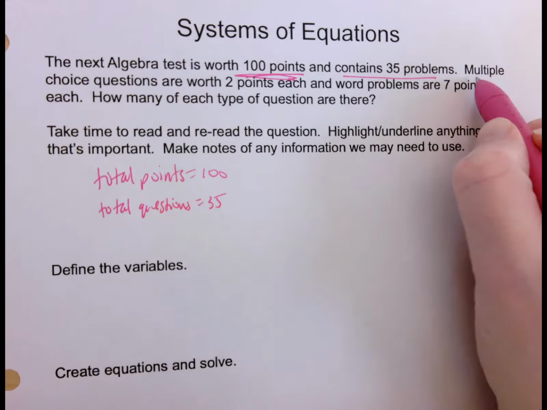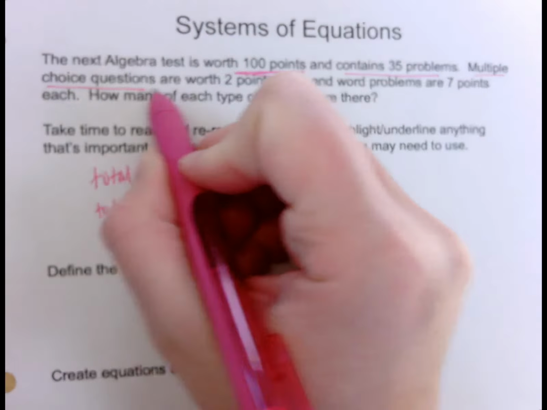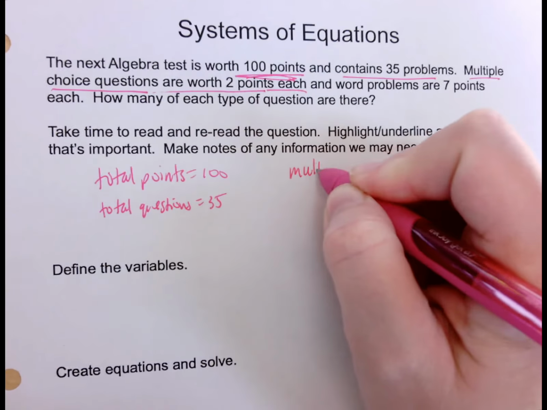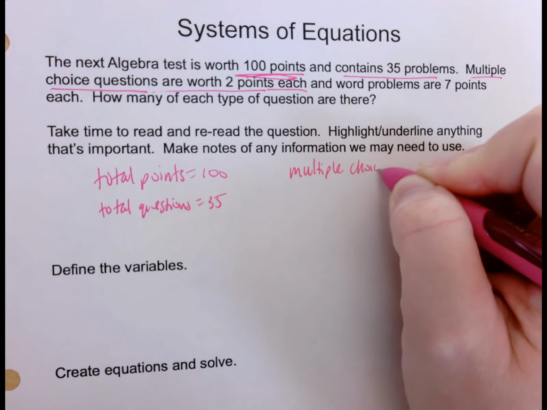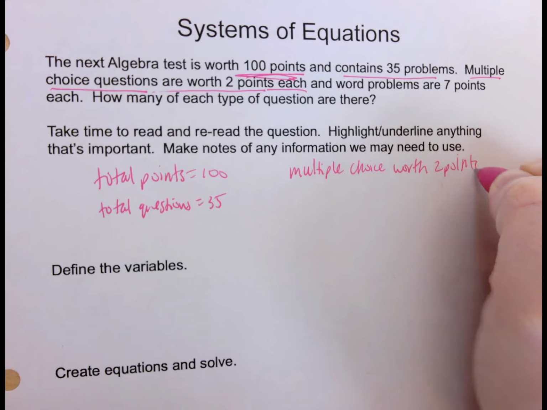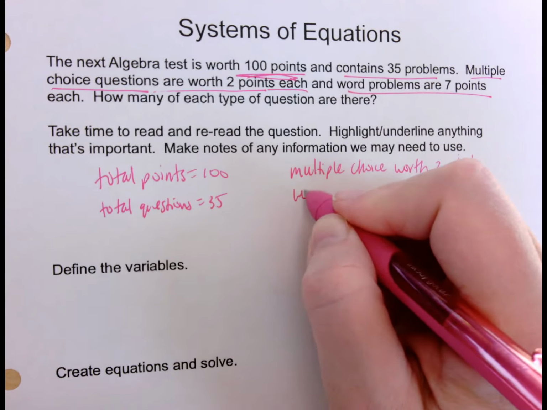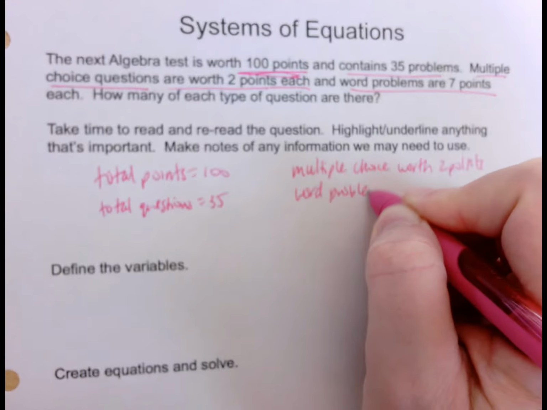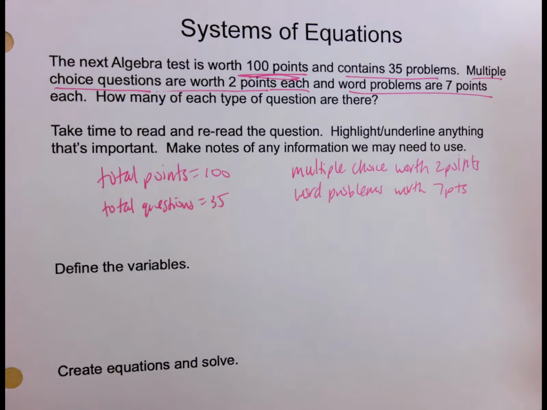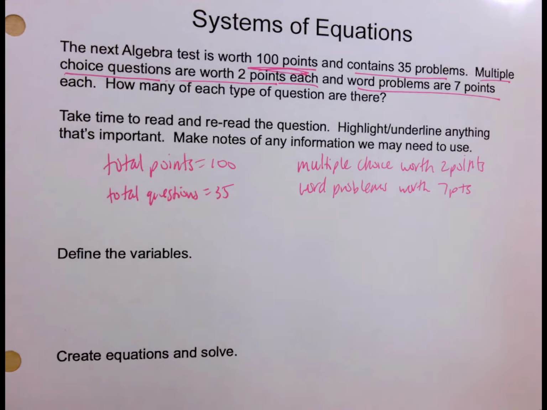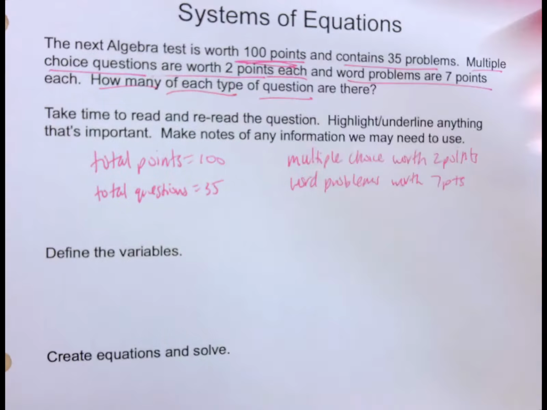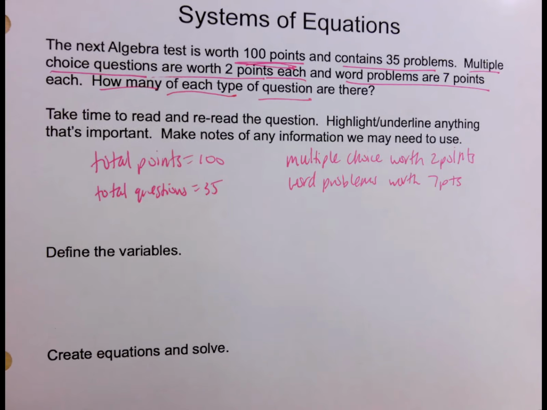Multiple choice questions are worth 2 points each. So there are multiple choice questions, and word problems, and they are worth 7 points each. Okay, so that's all important. And the question is asking how many questions of each type. So we're going to need to find that out.